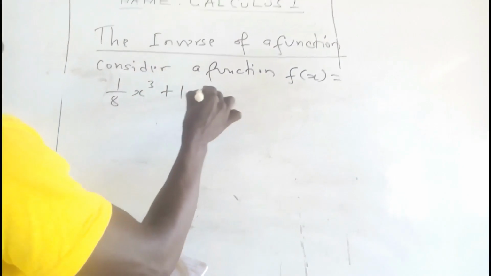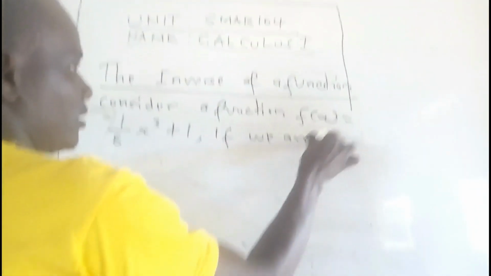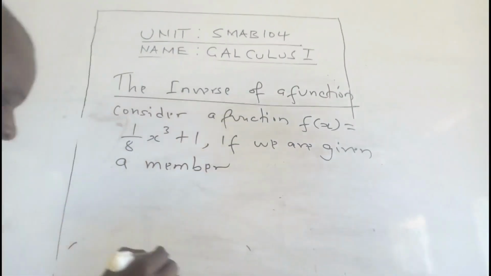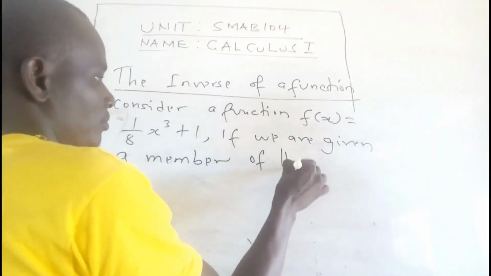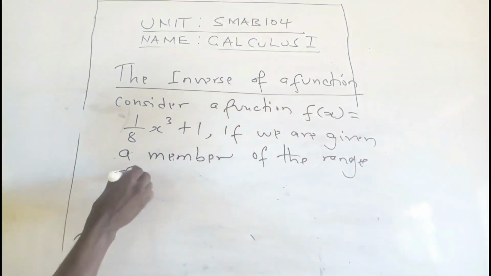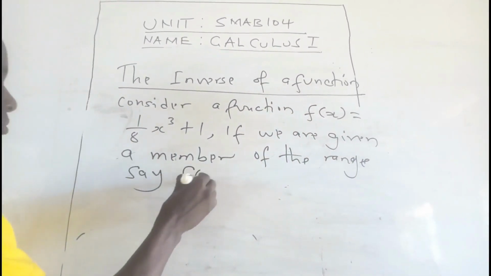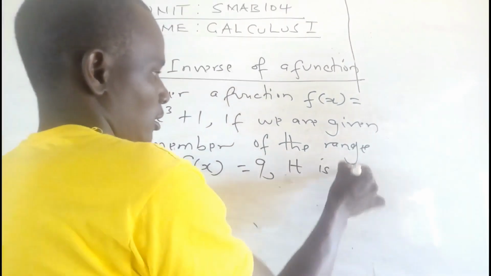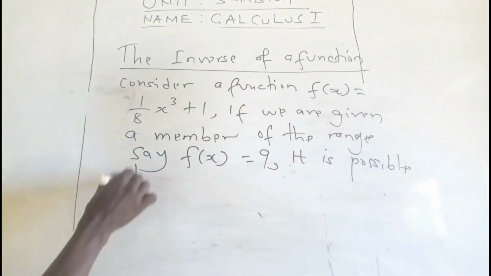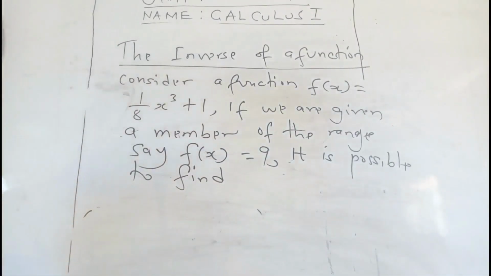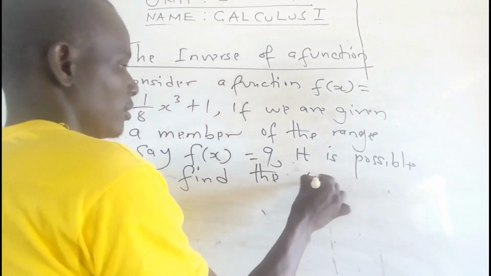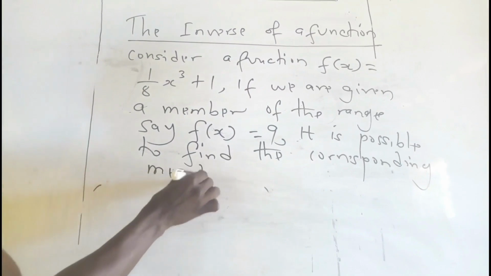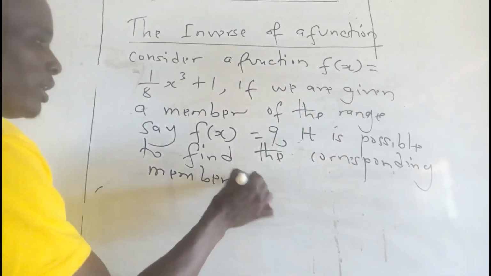If we are given a member of the range, say f of x equivalent to 9, then it is possible to find the corresponding member of the domain.